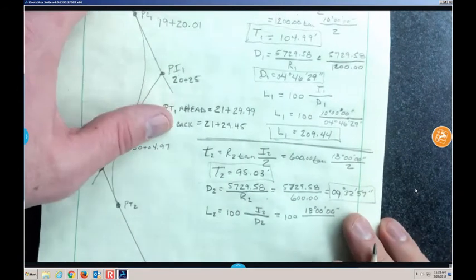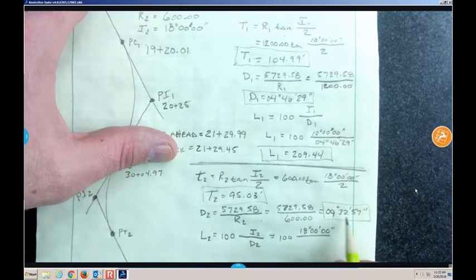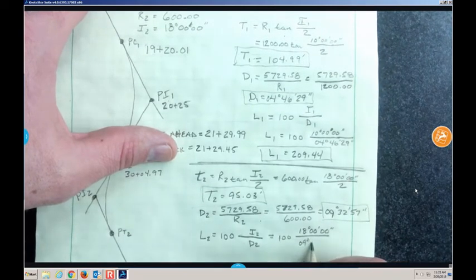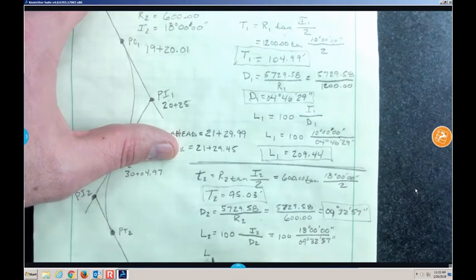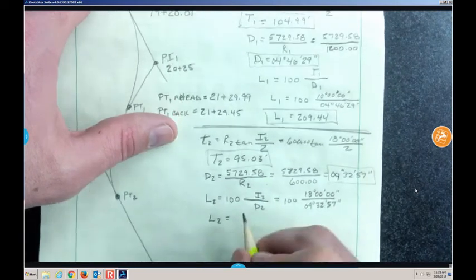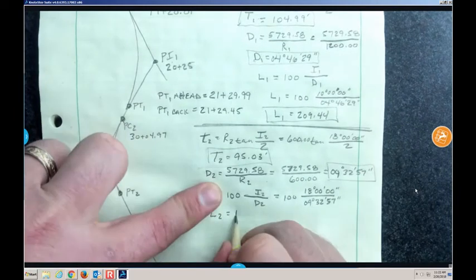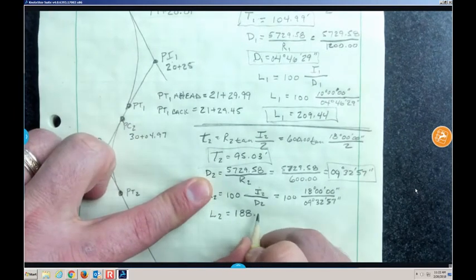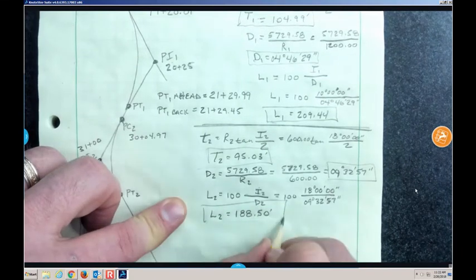You can't see that up there because I'm moving off the page. And D2 was 09 degrees 32 minutes 57 seconds. L2, I got 188.5 feet. Okay, so that's L2.